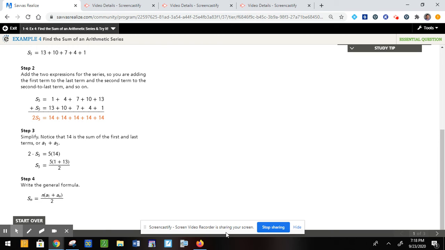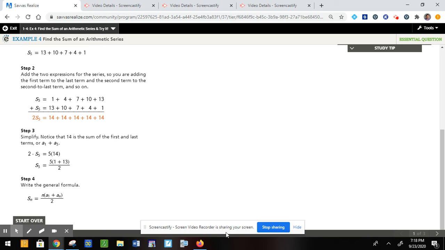If this wasn't an arithmetic sequence, this wouldn't work. But if you take the first term and the last term, that's going to add up to whatever the sum is. Then you can multiply it by how many terms there are, and you've got to divide it by 2 because you're doubling it up essentially.